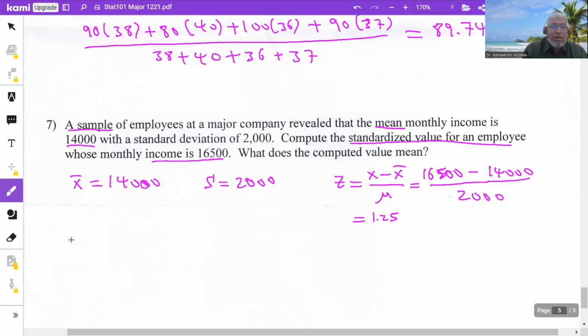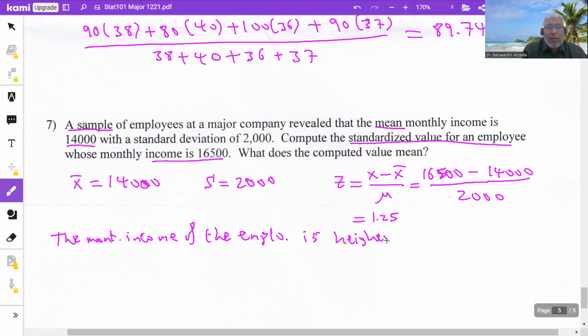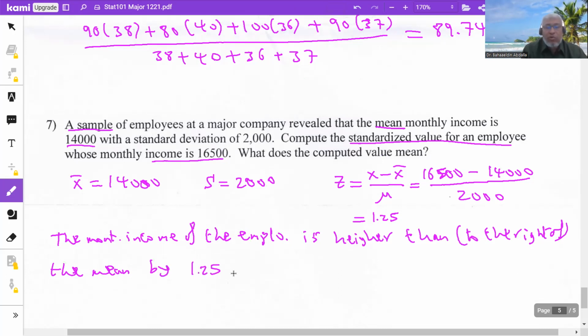It means that the monthly income of the employee, which is 16,500, is higher than, or greater than, or to the right of the mean by 1.25 standard deviations.